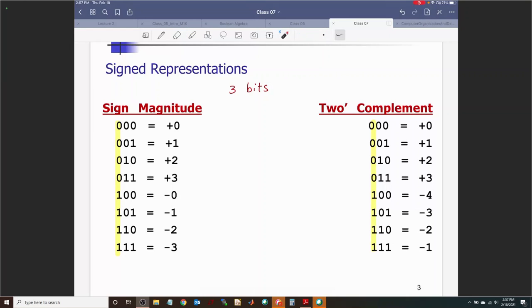So roughly half of them are positive, half of them are negative. Not always, because if you had 0, 0, 0 for plus 0, then 1, 0, 0 is also minus 0, which are essentially the same number.